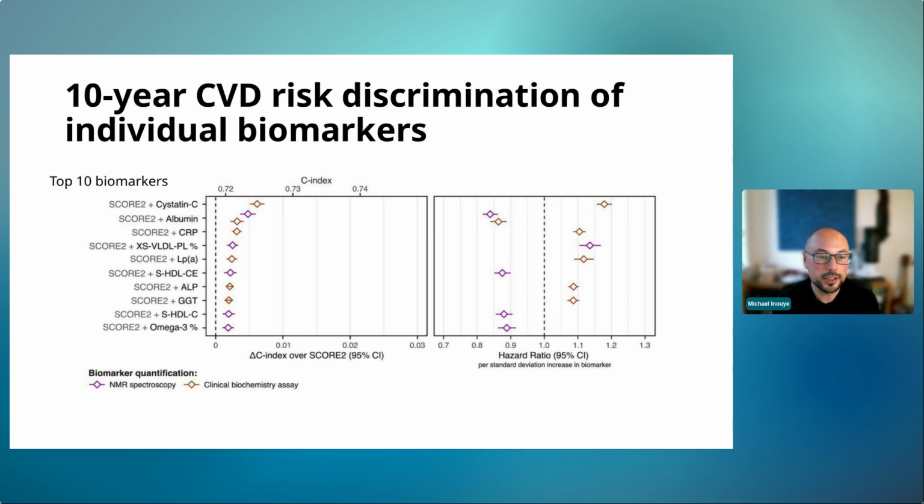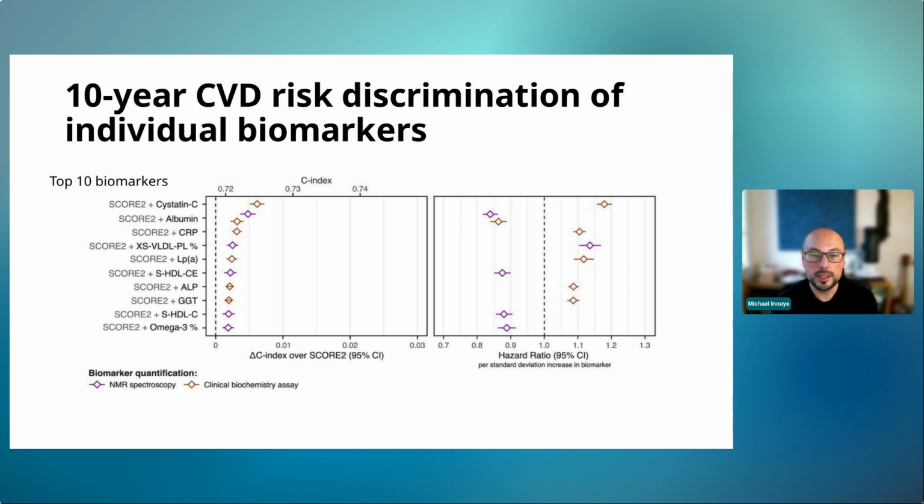So we present here, for simplicity, a pooled analysis, but the full results are in the publication. Here we're looking at the top 10 biomarkers individually, for example cystatin C, et cetera. You can see that when you add these individual biomarkers to the SCORE2 risk prediction algorithm, you do get incremental improvements in risk discrimination in the form of the delta C index, but they're actually relatively modest.